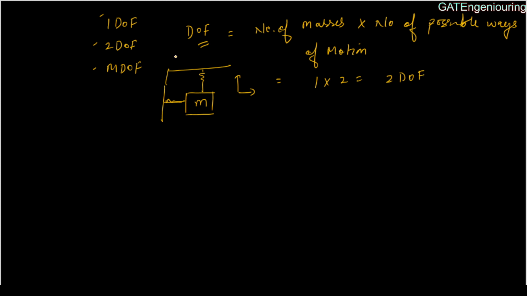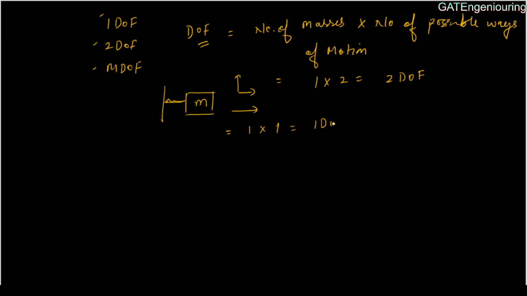Okay, now let's suppose there is a restriction on the movement of this block in the y direction and it is only able to move in the x direction. Then this system, the same mass, will be having a single degree of freedom, because the number of masses is 1 and the number of possible ways also is 1.